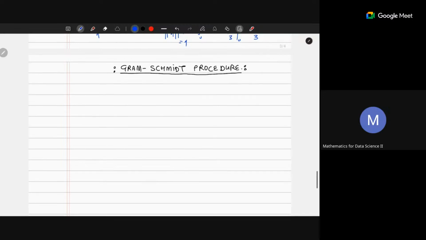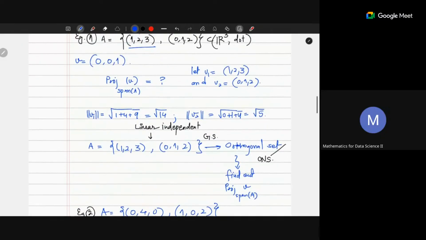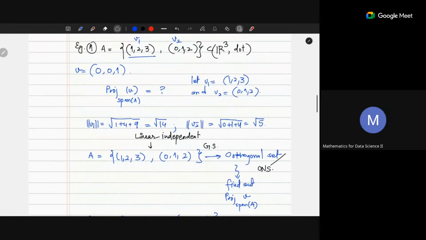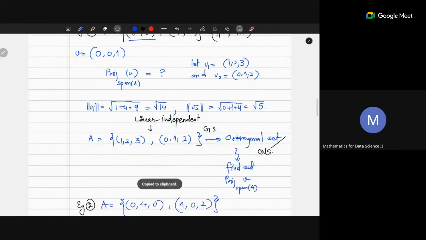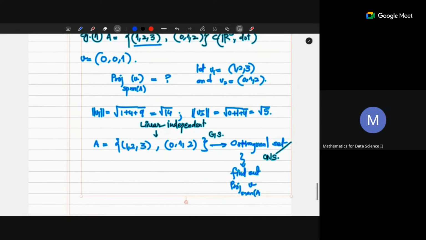All right. So suppose you are given linearly independent vectors. Let me take that example itself and explain the process in this example, and then I will give the general description. So let me copy this from here and paste it over there.